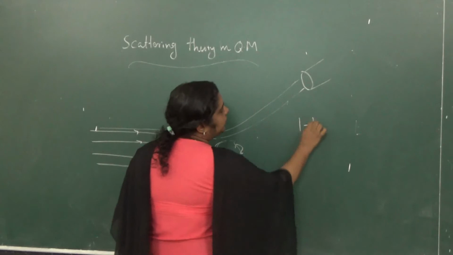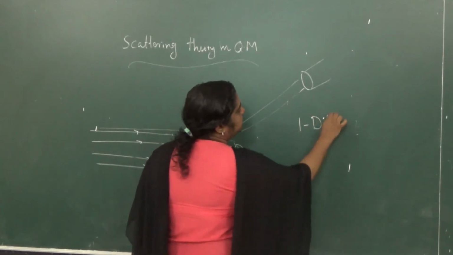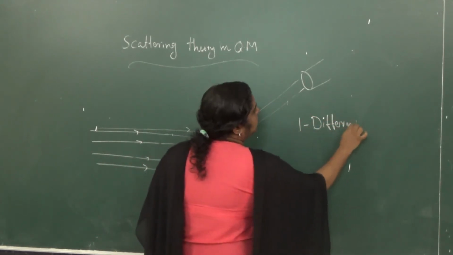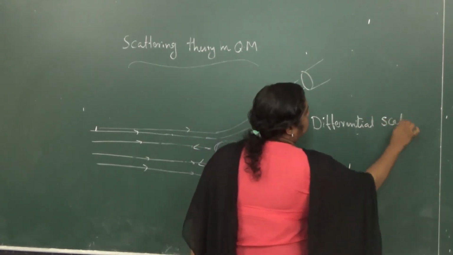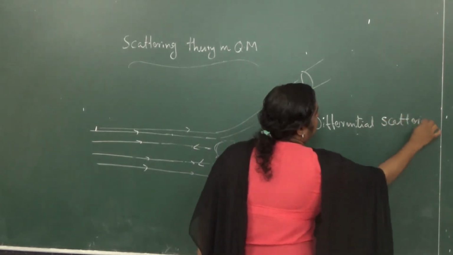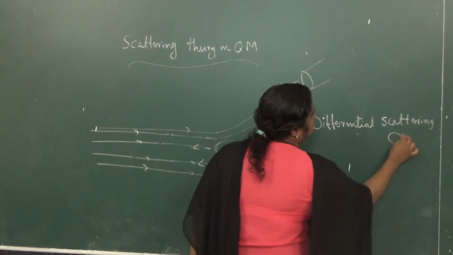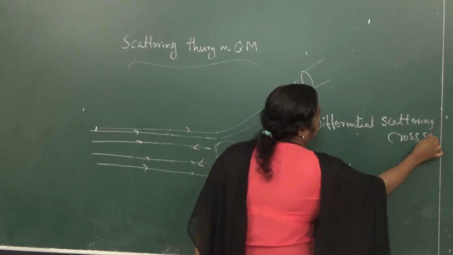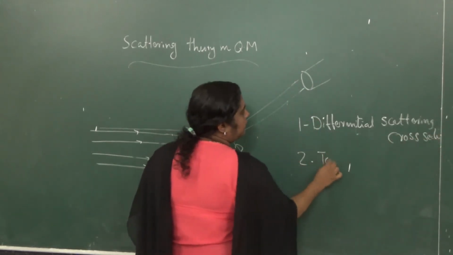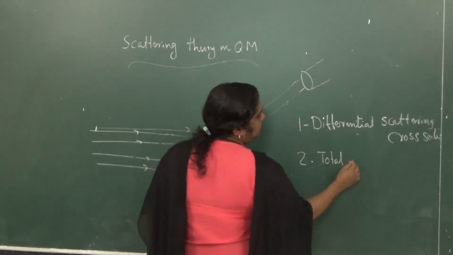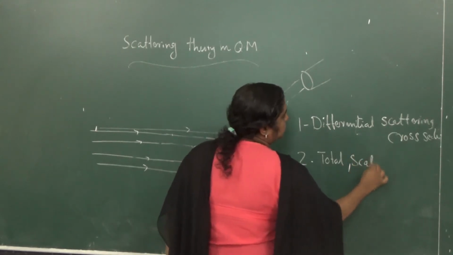One is the differential scattering cross section. The second one is the total scattering cross section.